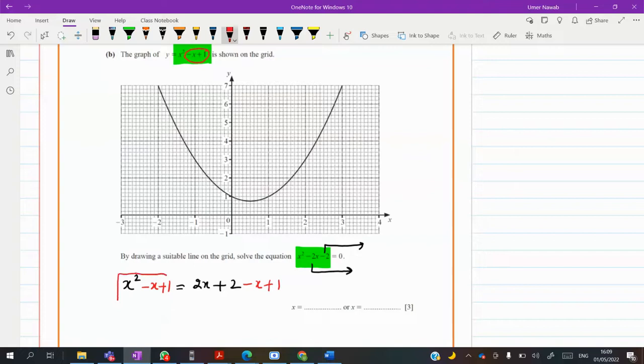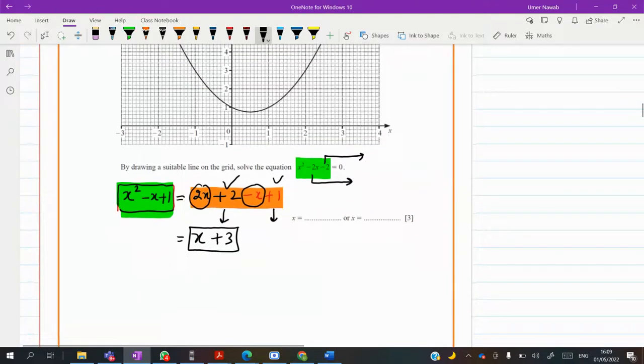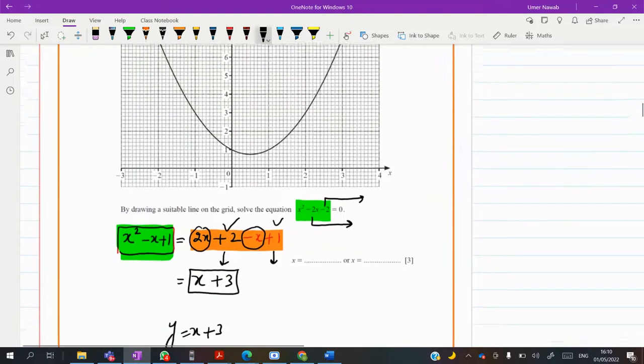Now you confirm that your left hand side stays the same as the equation of a curve, but what is happening on the right hand side? Can you simplify it? Once you simplify, 2x minus x will give you x, and plus 2 and plus 1 will give you 3. So basically, you have to draw the line y is equal to x plus 3 on the grid.